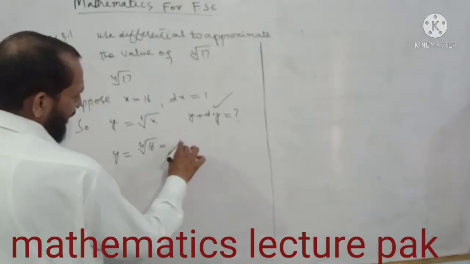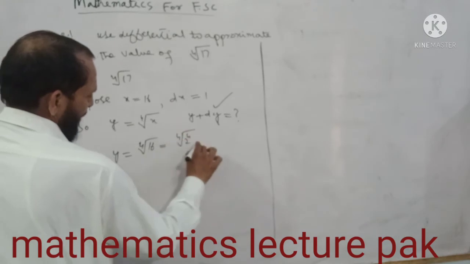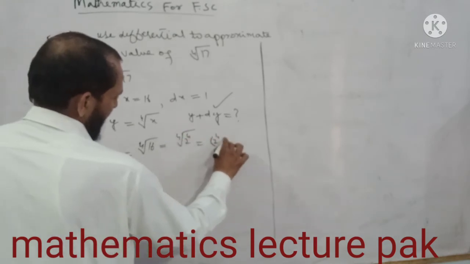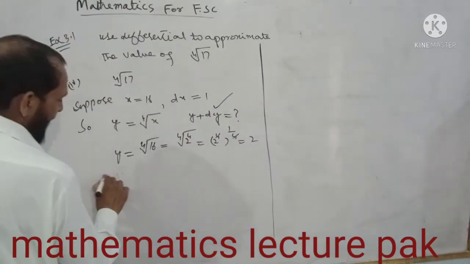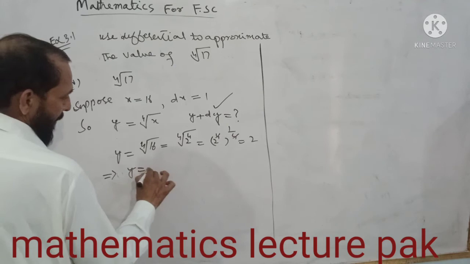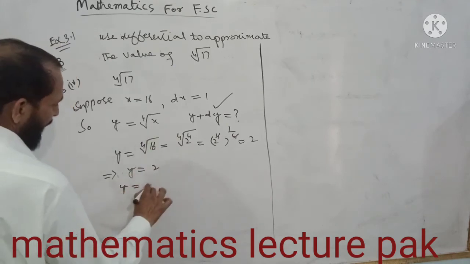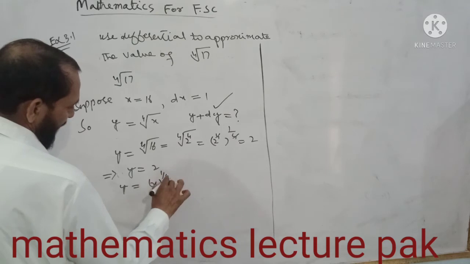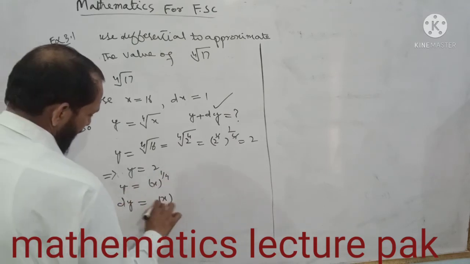16 we can write as 2 raised to power 4, and we can write again 1 over 4, which is this. This implies that y is equal to 2, and we can write x to the power 1 over 4. We can apply d on both sides.